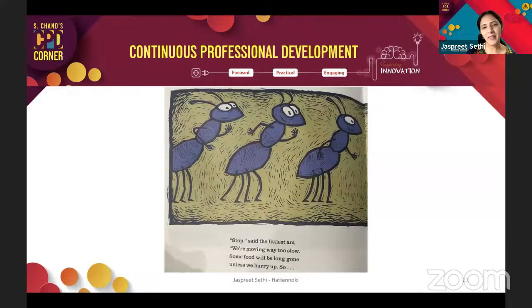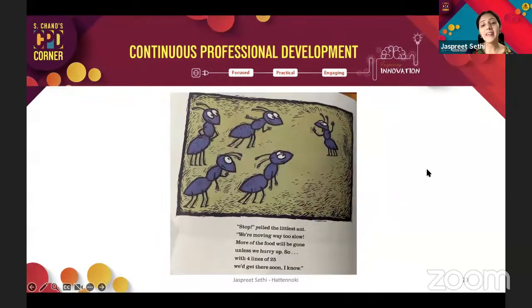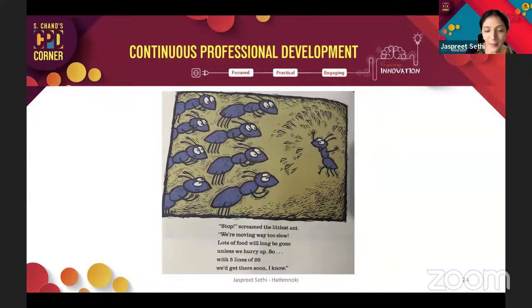And one wise ant realizes that that's going to take too long to reach where we're trying to go. So then they start going in 2 lines of 50, thinking that they're going to get there sooner, which is true and wise. And then they have another epiphany: how about 4 lines of 25, and then 5 lines of 20?